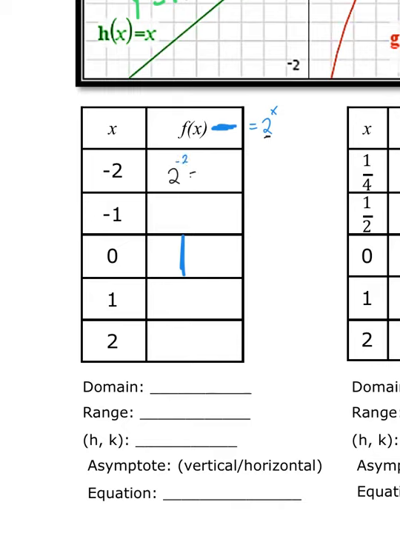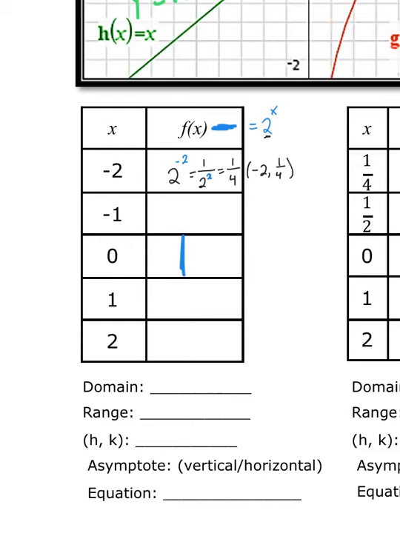Whenever your exponent is a negative number, we always do 1 over base to the positive exponent. So I'm just changing that -2 to a +2. And then this would become 1 over 2 squared, and 2 squared is 4. So the point I get here is -2, 1 over 4.